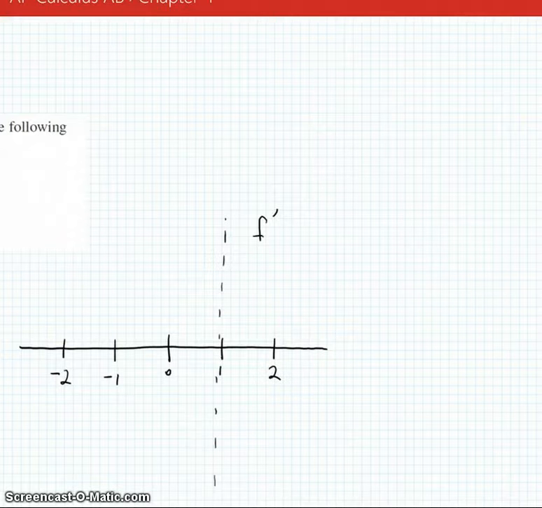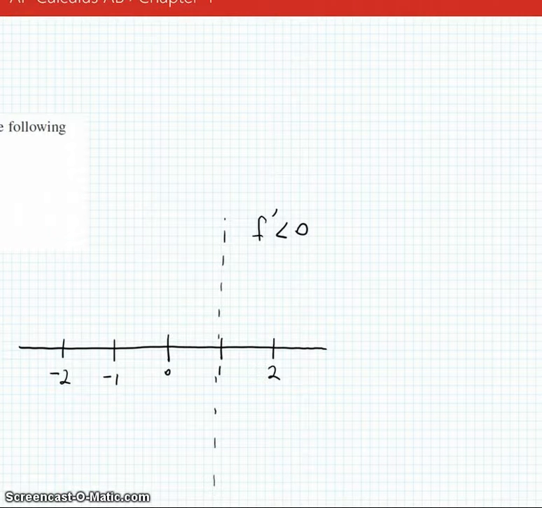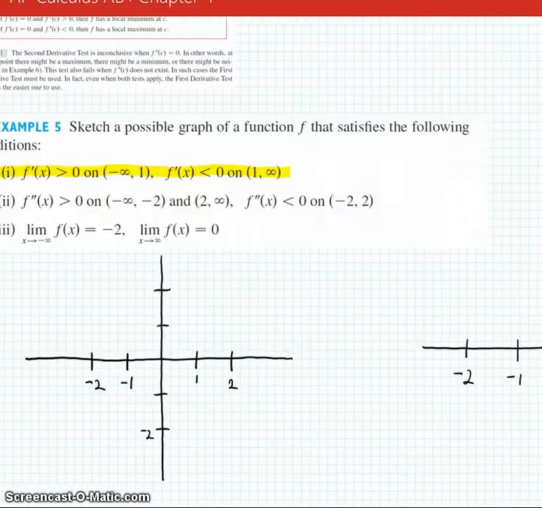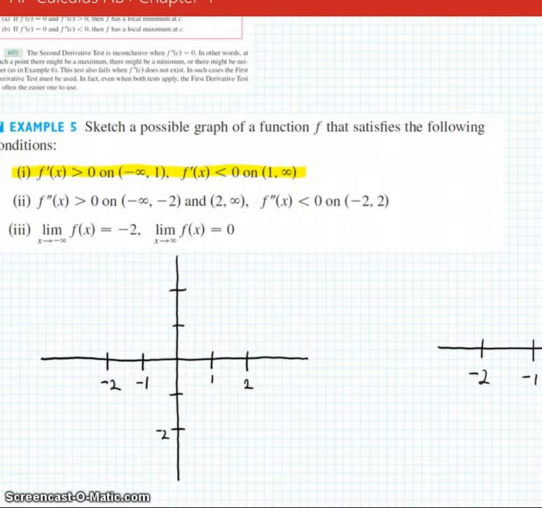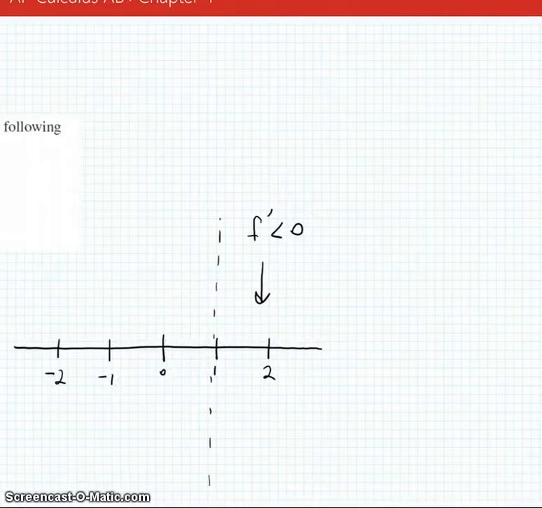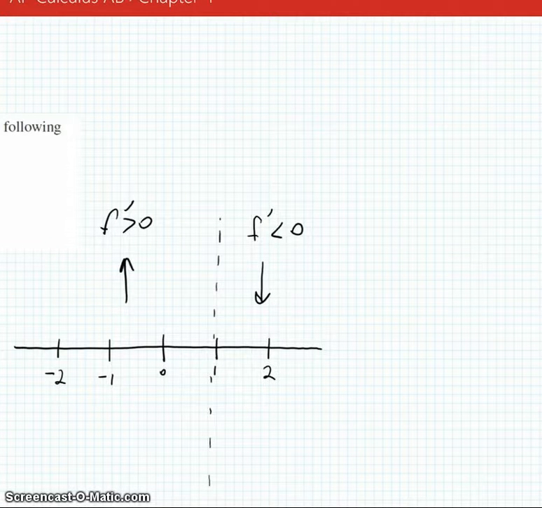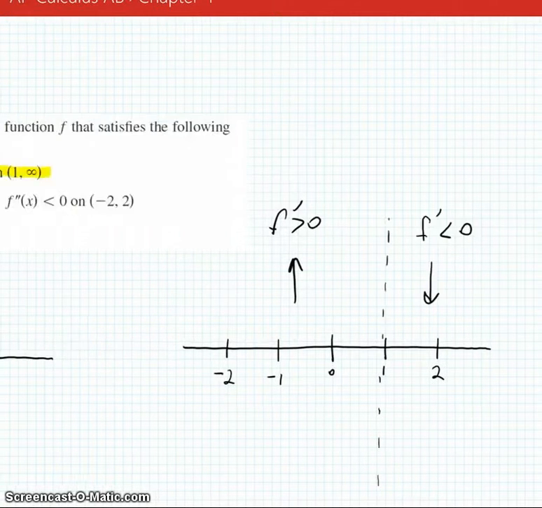Its derivative is less than 0, so the function is decreasing in this section. And the other condition was that from negative infinity to 1, the derivative was positive, so here the function is increasing in that region.